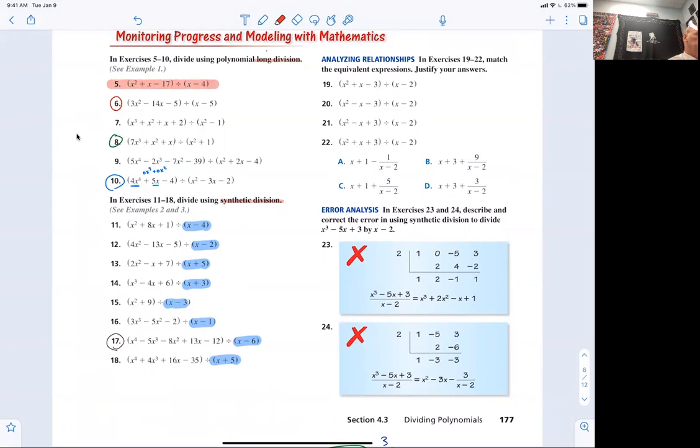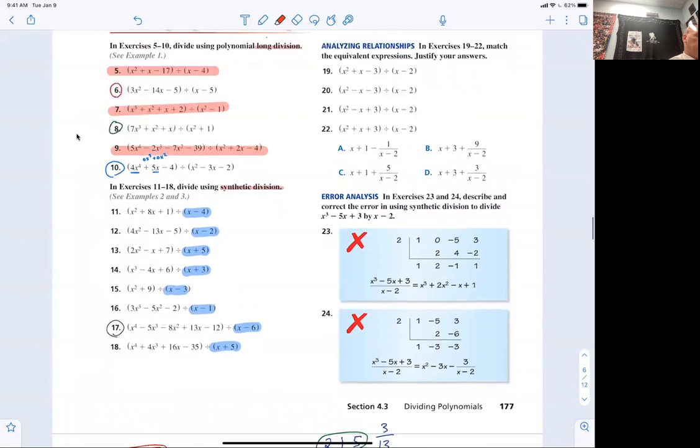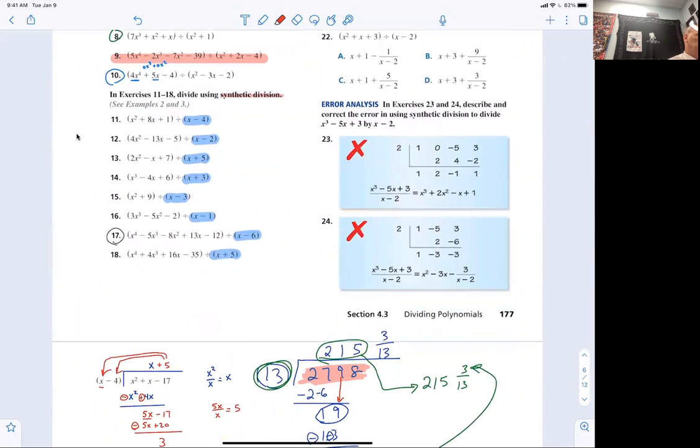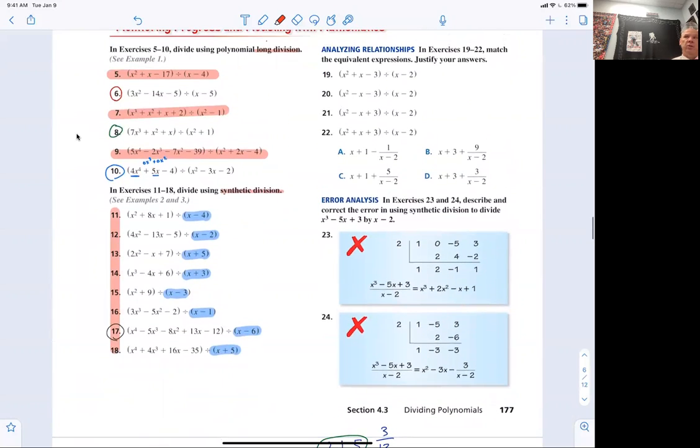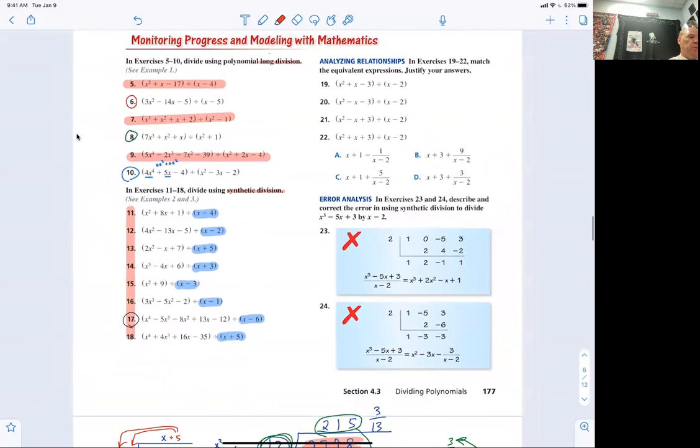You're going to do the long division for 7 and 9. And I don't even remember which synthetic divisions we did, but I do want you to practice all the synthetic division because that's the easier one. More importantly, the long division is occurring on the SAT more. So that's why I think it's important to review that.